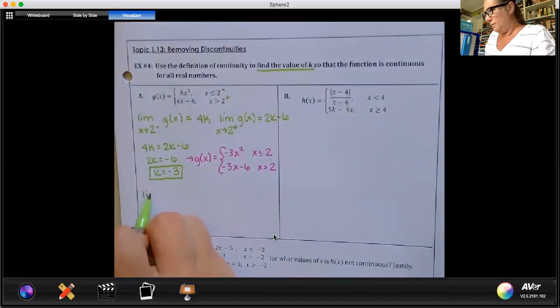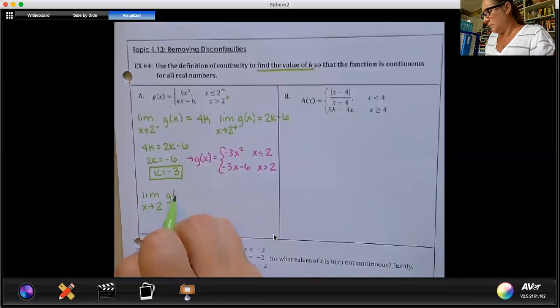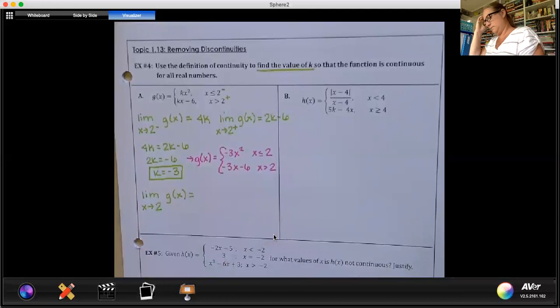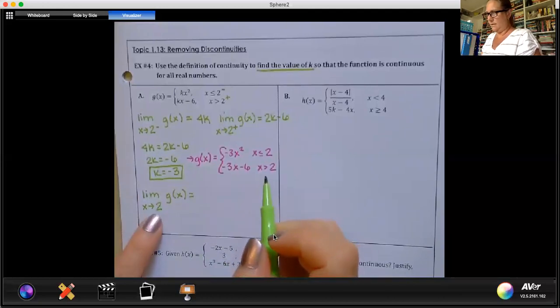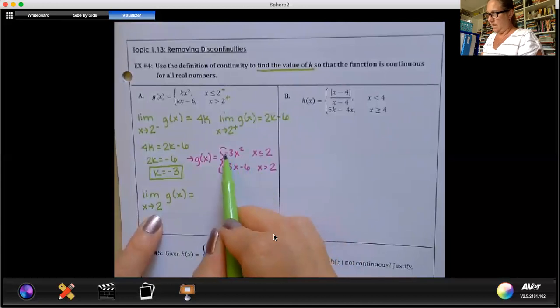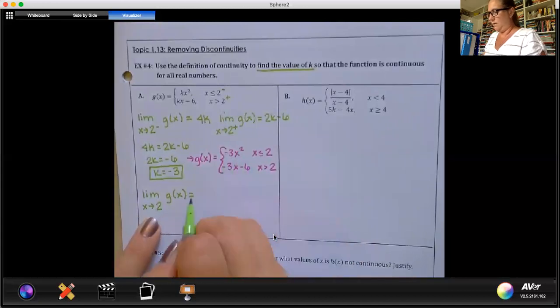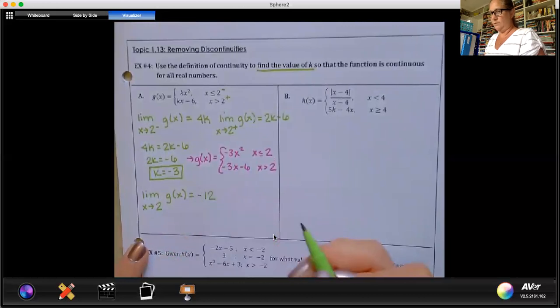So your limit as x approaches 2 of g of x, because they're equal, we plug the value in. Negative 3 times 2 squared would be negative 12.